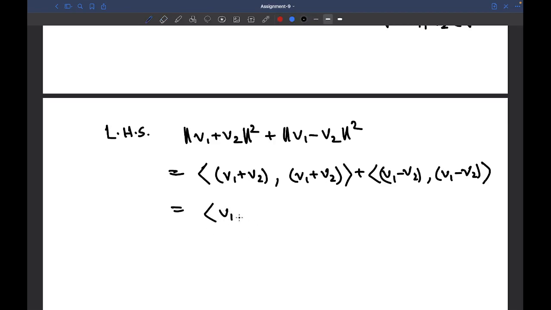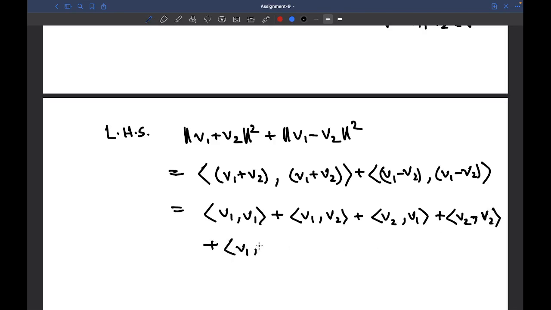You will get V1 comma V1 plus V1 comma V2 plus V2 comma V1 plus V2 comma V2, plus V1 comma V1 minus V1 comma V2 minus V2 comma V1 plus V2 comma V2.